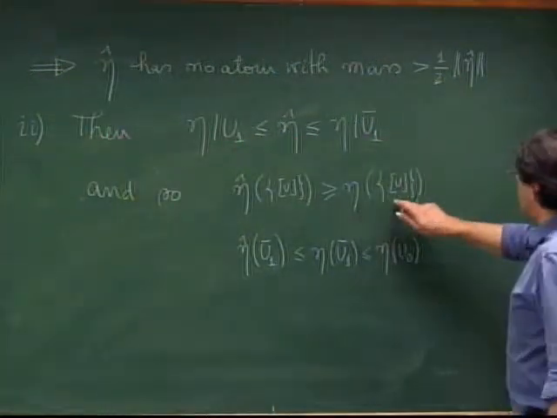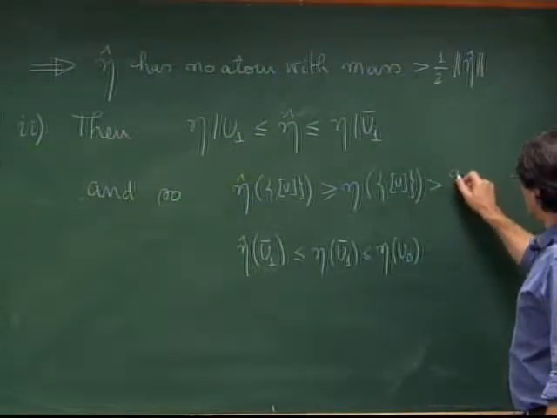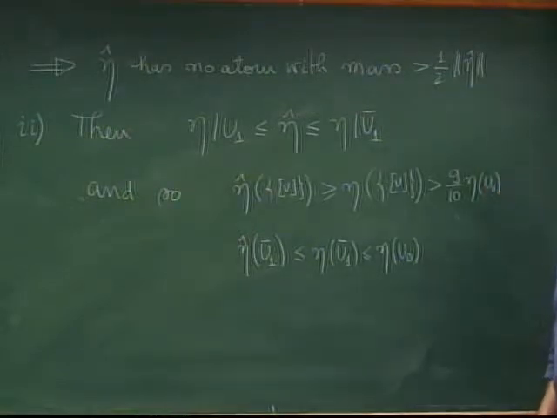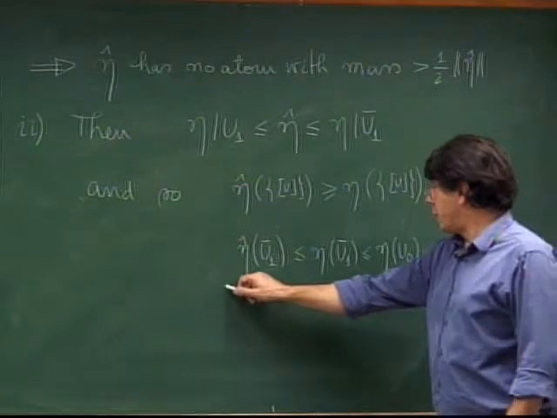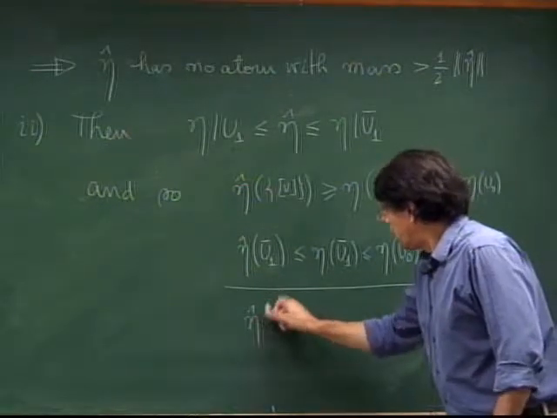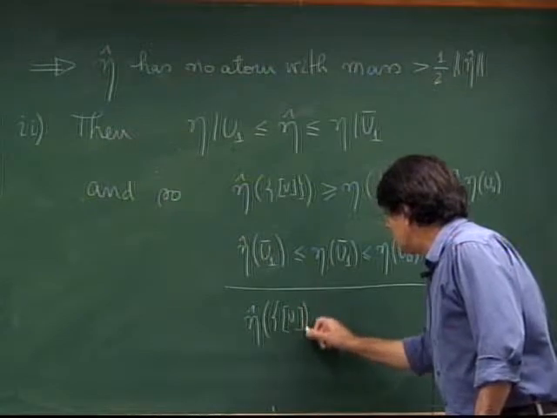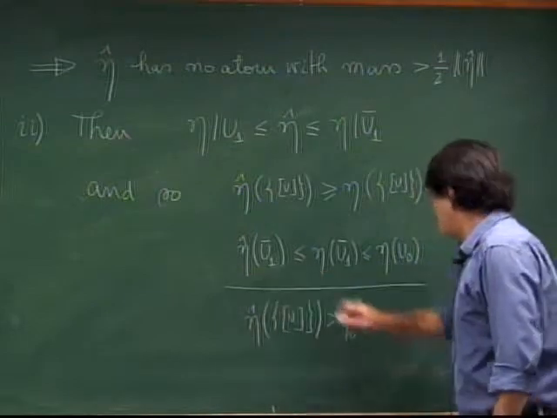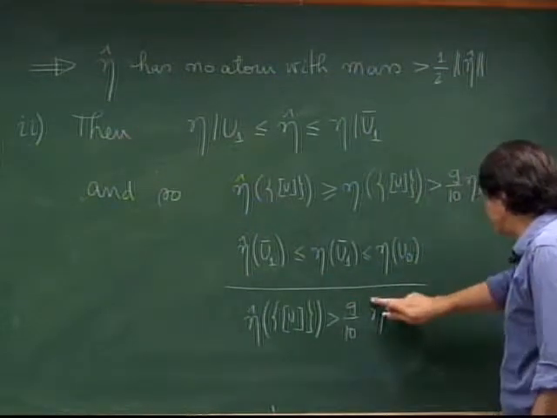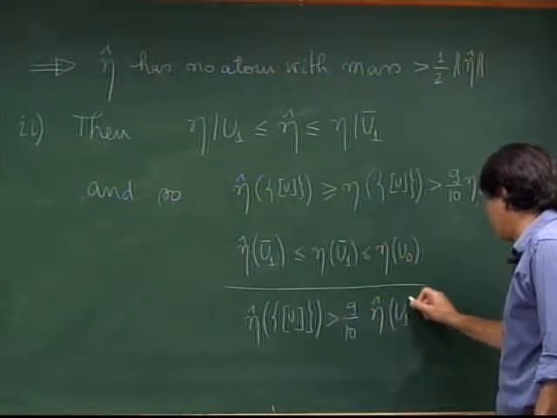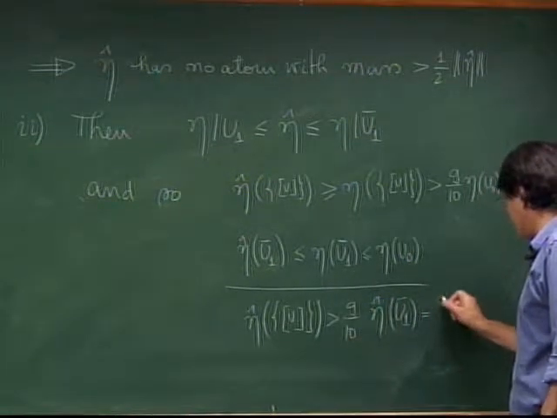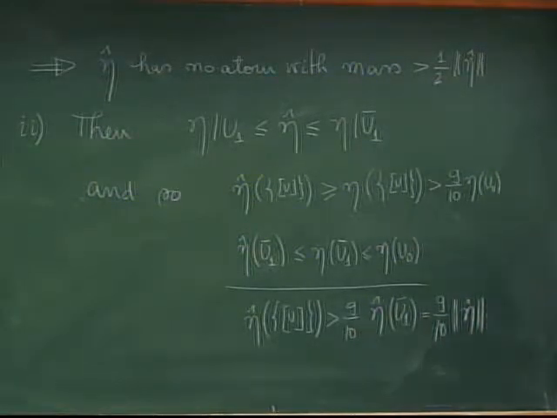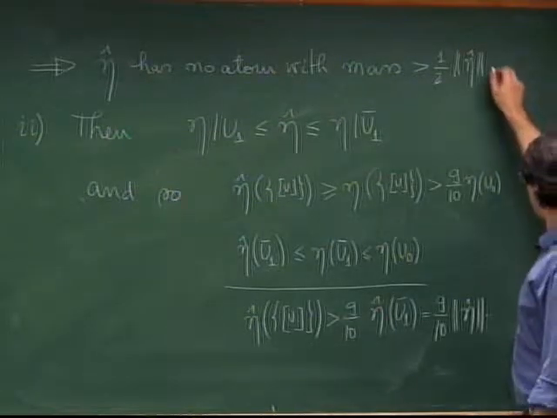And this was bigger than 9/10 of eta of U0. So the conclusion here is that eta hat of V is bigger than 9/10 of eta hat of U1, which is 9/10 of the total mass of eta hat. Okay, so we have a contradiction.